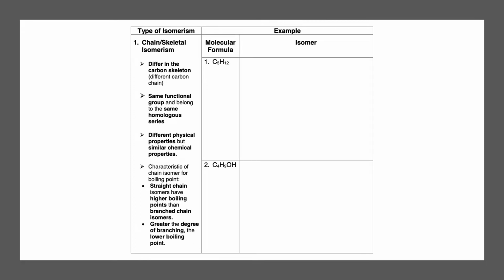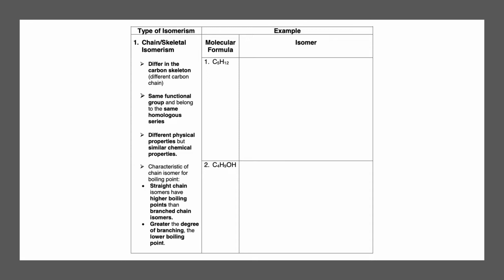You can refer to your notes. Like I said, they have a different carbon skeleton, or in other words, different carbon chain. They have the same functional group. Dia punya ciri-ciri dia mesti dia punya carbon chain different, and then mesti functional group yang sama. So they have different physical properties, but similar chemical properties.